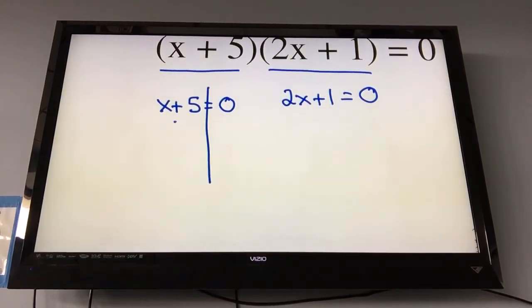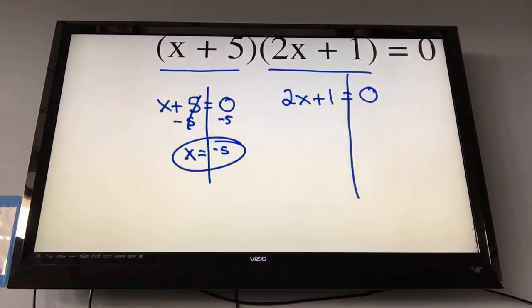Get x alone, subtract 5. 0 minus 5 is negative 5. And on my other one, subtract 1. So 2x equals negative 1. And divide by 2. And x equals negative 1/2.